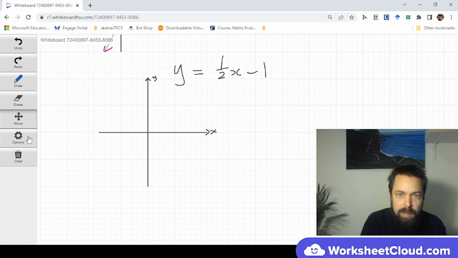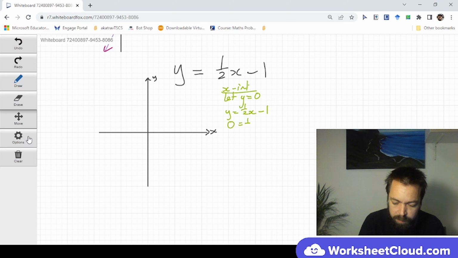To find our x-intercept, we're going to let y equal 0. So then we've got y equals a half x minus 1. 0 equals a half x minus 1. 1 equals a half x. That's because I added 1 to both sides, which is how I got it across.